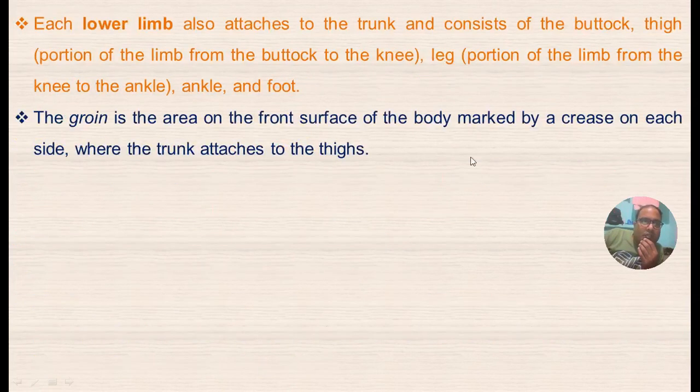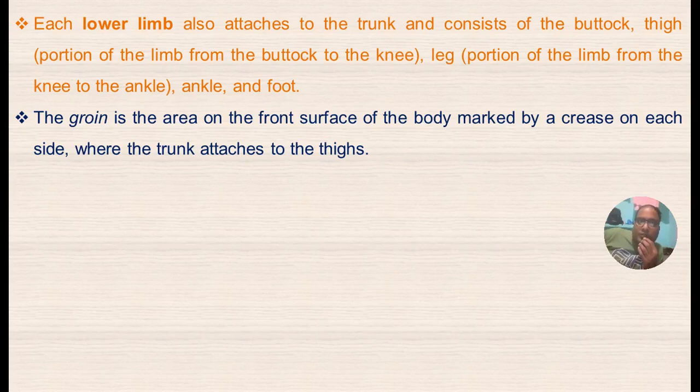The lower limbs also attach to the trunk and consist of the buttock, thigh, the portion of the limb from the buttock to the knee, leg, the portion of the limb from the knee to the ankle, and foot. These are the parts of the lower limbs.